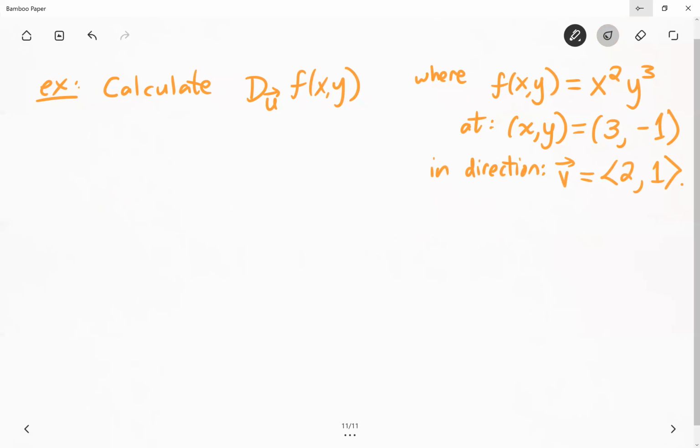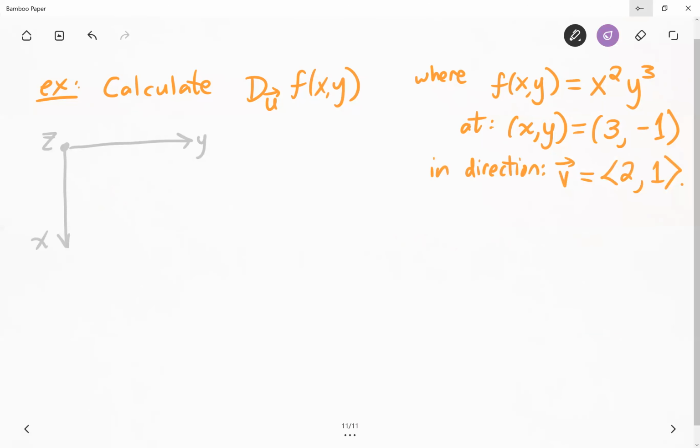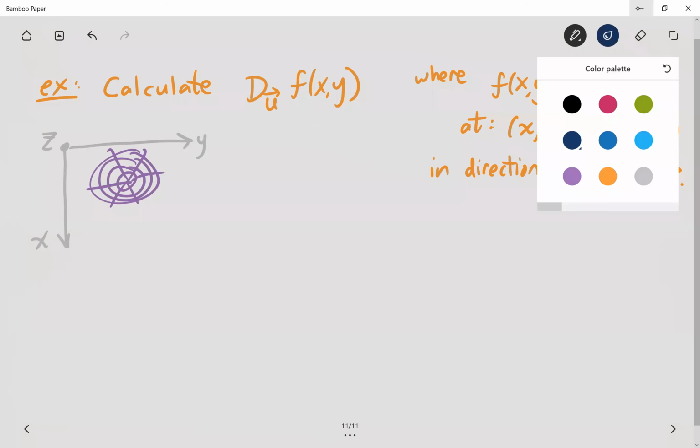Before we jump into calculations, I want to do kind of a top view of what problem this is. And so again, imagine you're looking down along the z-axis at some kind of a graph here. I have no idea what graph this looks like, but you know I like to draw the same graph. So there's our little contour plot.